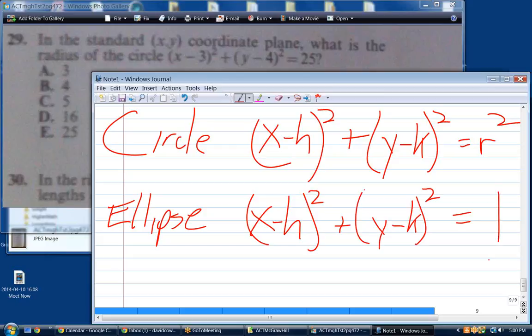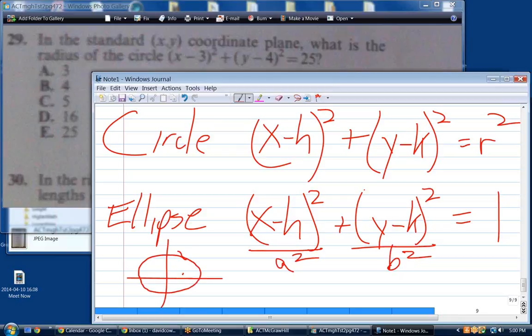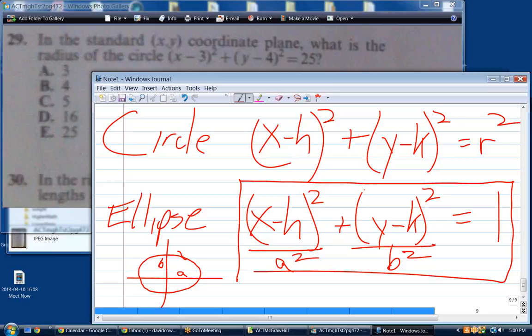It's always got a 1 over there, and it's got two other variables. It doesn't have a radius. There is no radius for an ellipse, but there's a minor radius and a major radius. When I draw an ellipse like that, this is A and this is B. And there's your general equation of an ellipse.